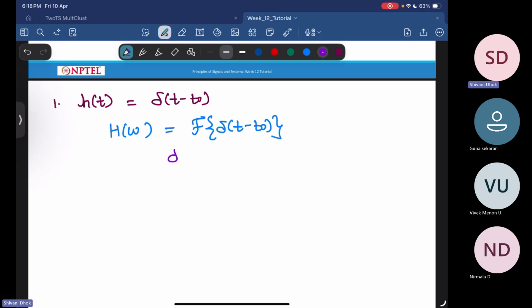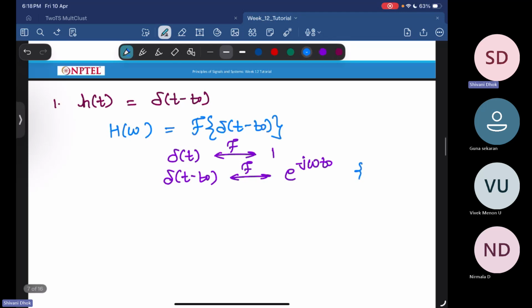We know that delta of t has a Fourier transform of 1. So delta of t minus t naught will have a Fourier transform of e power minus j omega t naught, and this comes from the time shift property.